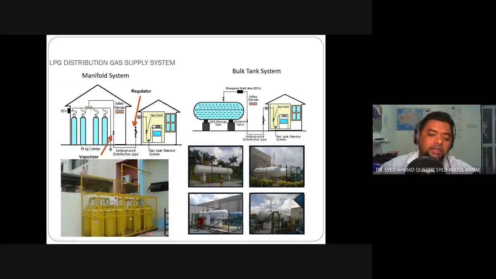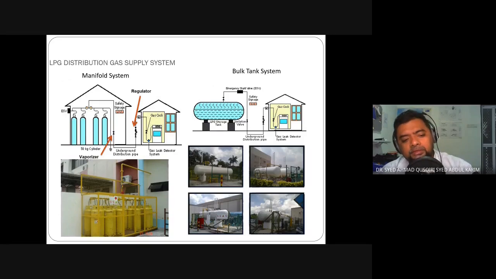Normally, when a cylinder is totally used, it would just be replaced, meaning that the empty cylinder will be taken out and replaced with a new cylinder. So this ensures an uninterruptible supply of gas. This manifold system, usually we see it at restaurants because they use a lot of gas to prepare meals.